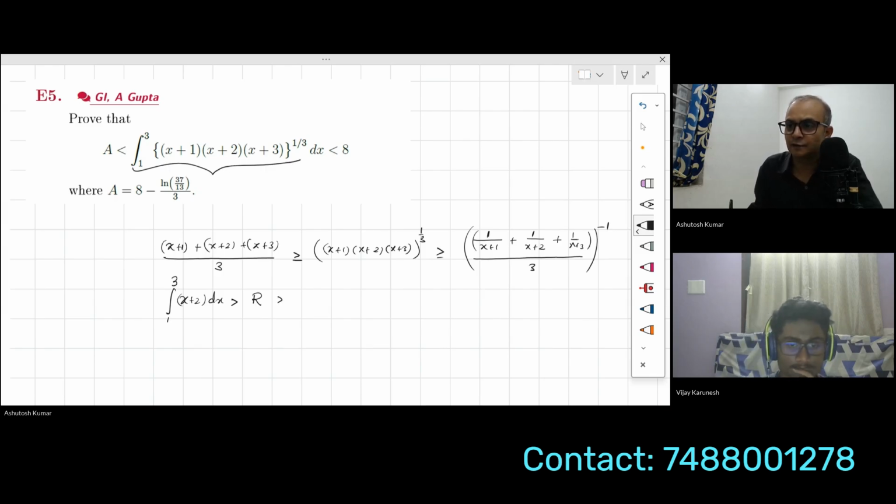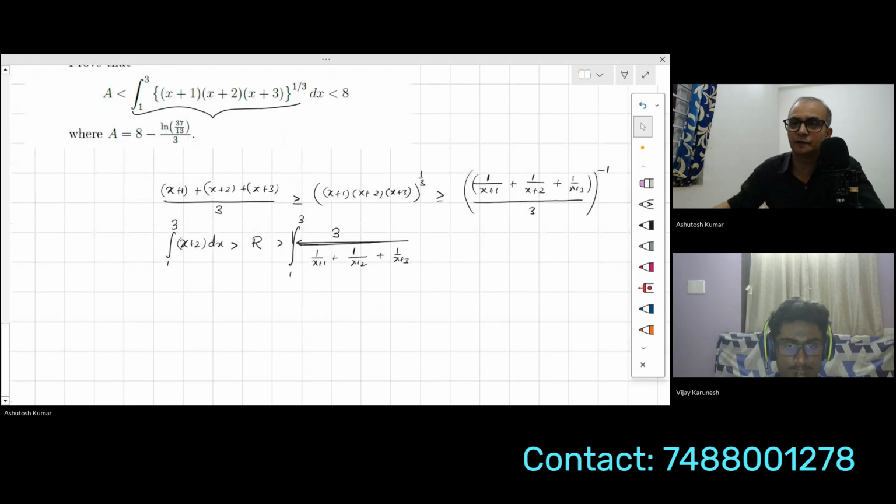And if you simplify, what do you get? 3 divided by 1 by x plus 1 plus 1 by x plus 2 plus 1 by x plus 3. How do we integrate this part, from 1 to 3? This is okay. If you simplify, what do we get here?